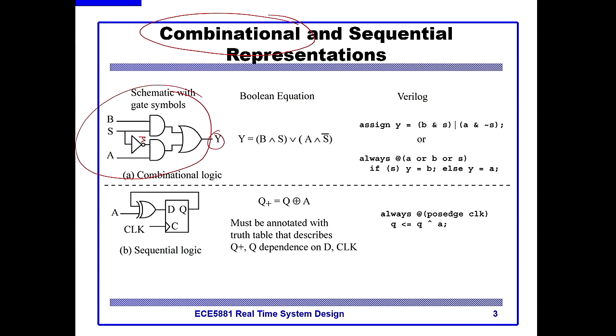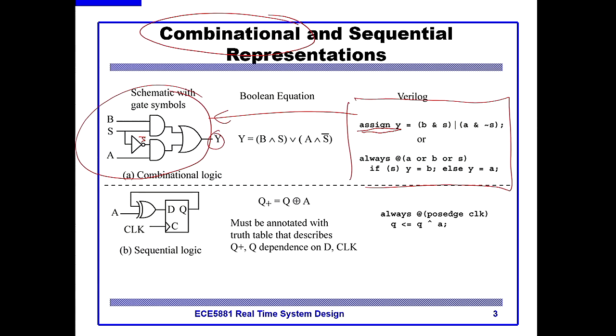So Verilog solves these problems by using a text-based representation for the hardware. Just remember we're talking about hardware description languages here. We're not talking about programming languages. We'll compare the two in a moment. What we can do here is use a single assign statement that you see here. We're assigning y a new value based on a combination of b ANDed with s, or a ANDed with not s.